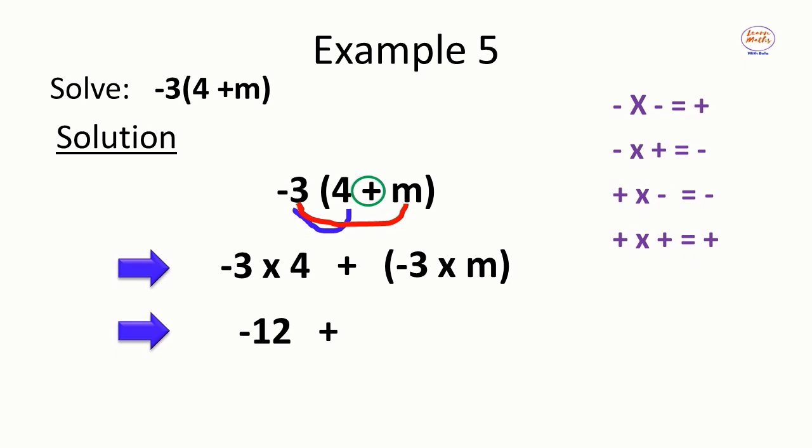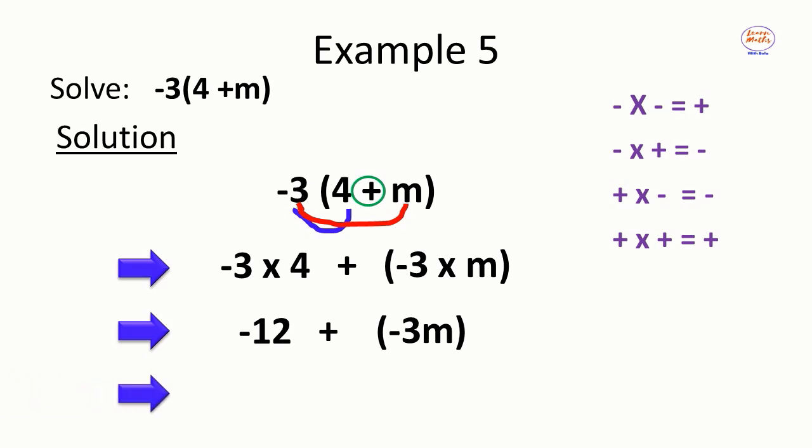Don't forget that minus 3 times m, because you have a minus sign in front of 3 and you have a plus sign in front of m, I've written the multiplication of two signs. So when you are multiplying a minus sign and a number with a positive sign, then the result will give you a negative sign. So we have minus 3m in brackets.